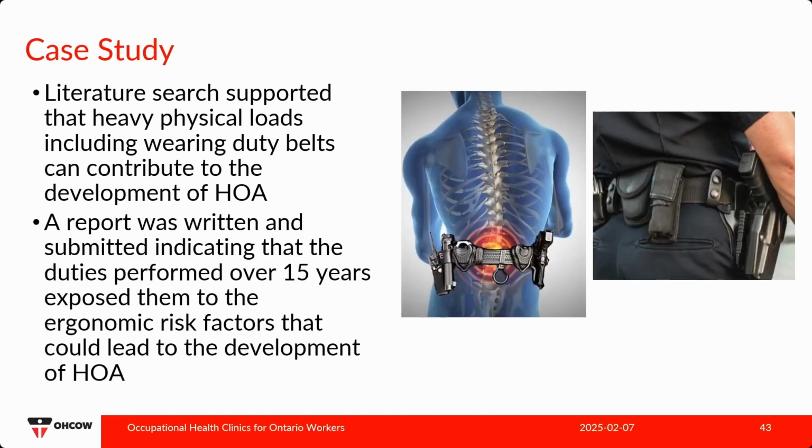So this literature supported the idea that physically heavy loads, including wearing duty belts, can contribute to the development of hip osteoarthritis. That information was taken along with the physical demands, the other job duties, and their work history, and a report was written and submitted, basically stating that the 15 years of exposure to these risk factors, wearing the duty belt, could have led to the development of the hip osteoarthritis.